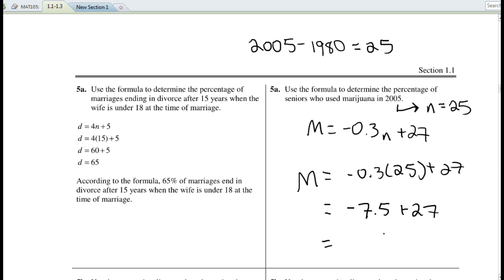So that gives us 19.5. And remember that's a percentage, so it's telling us in 2005, 19.5% of high school seniors smoke marijuana.